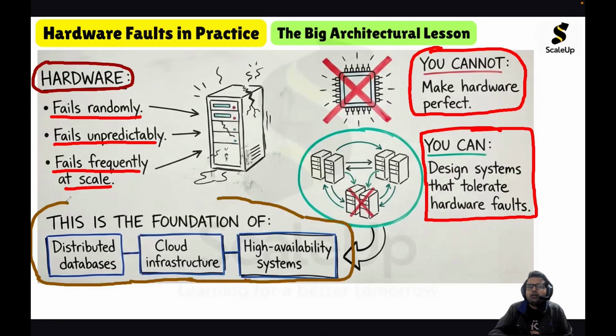So if you are dealing with distributed databases, or designing cloud infrastructure or high availability systems, keep this in mind: design systems that can tolerate hardware faults, not prevent them. We cannot avoid or prevent hardware faults when dealing with systems at scale. That's a very big architectural lesson to take away from this lecture.